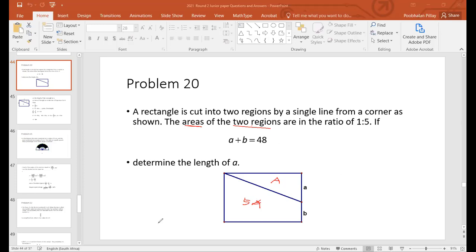And the question now is to find the length of A. So if you look at it, we also know that A plus B is 48. So you know that this entire side, you know one side of it.